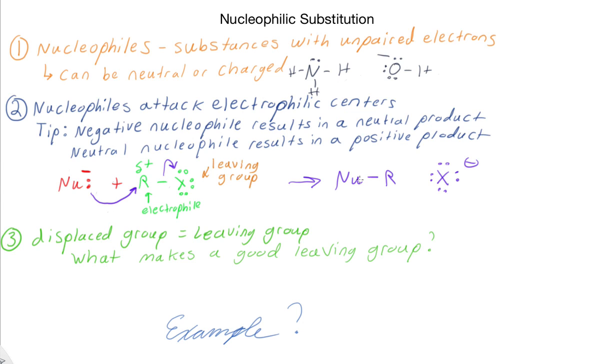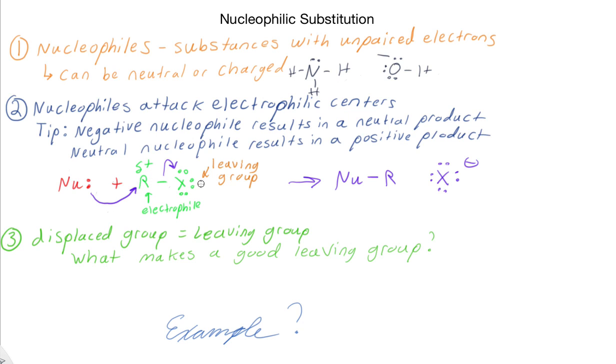Let's use a neutral nucleophile and see what happens. Okay, so let me take this eraser, and let's just erase this. And this is the same thing. We're just using this lone pair. We are attacking the electrophilic center, this carbon-halogen bond. That's what I first used, was that carbon-bromine.